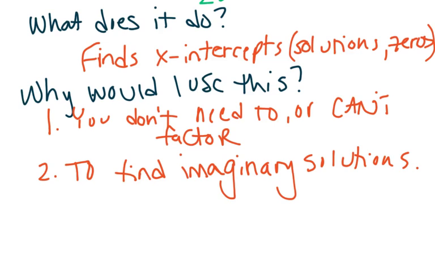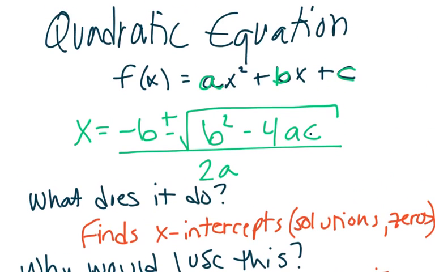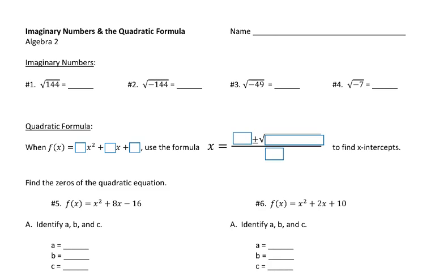Alright, so that's what we're going to do in our first example here from the notes guide. We're actually going to do 1 through 5 here, and we're going to see how an imaginary number may come up. So, in number 1, hopefully remember square roots, ask ourselves what times what is going to make that number, and that's 12 in this case. But notice that the difference between this one here and this one here is that we have this little negative, okay?